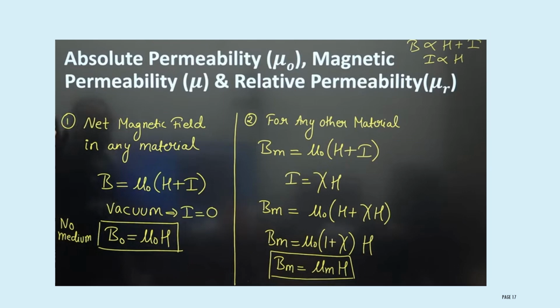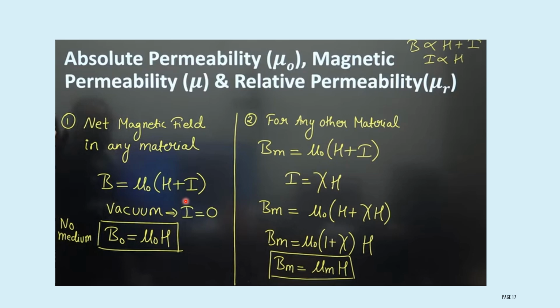Let us see a few formulas: absolute permeability mu naught, magnetic permeability mu, and relative permeability mu r. Net magnetic field in any material, you know the formula, B is equal to mu naught into (H plus I). Consider the case of a vacuum.